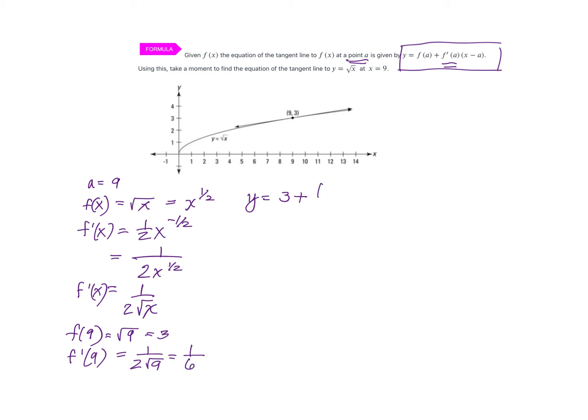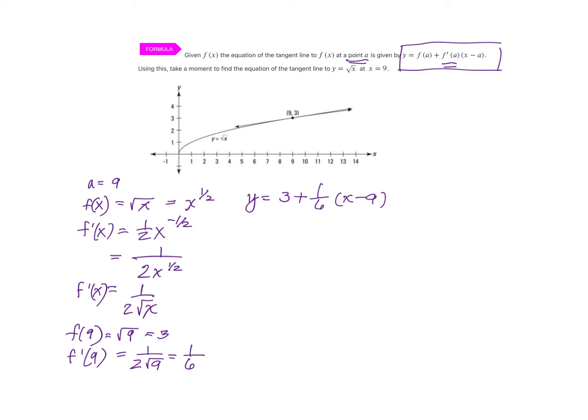So we have 1/6 here, times x minus 9. All right, so a lot of times people want to simplify this to get it into the form y equals mx plus b, but there's really no need, and in fact, I encourage you to leave it in this form, and you'll see why it actually helps us to leave it in this form.